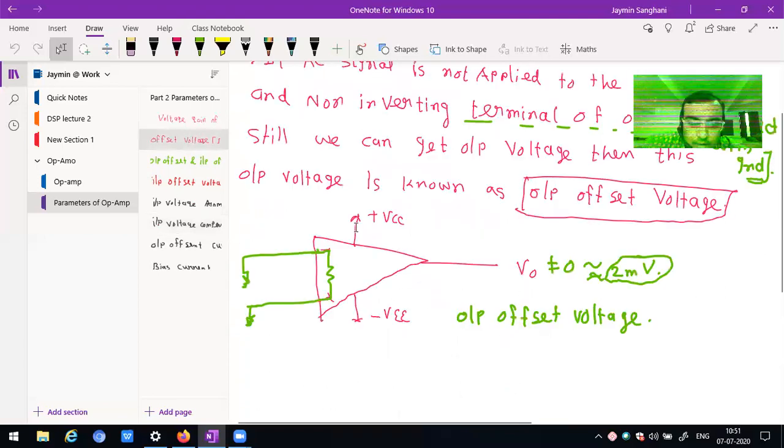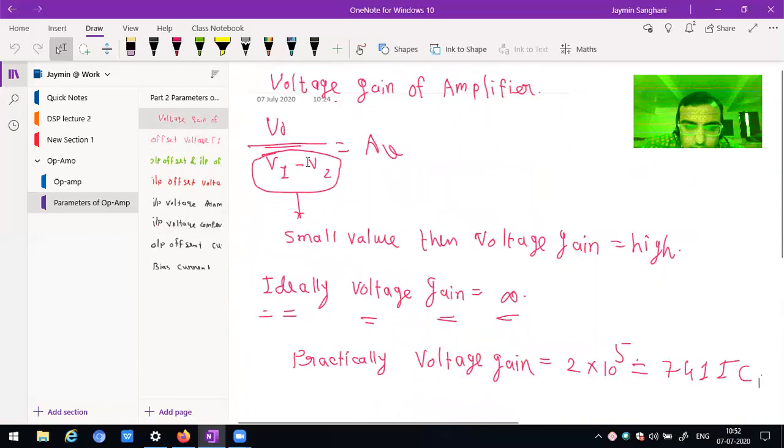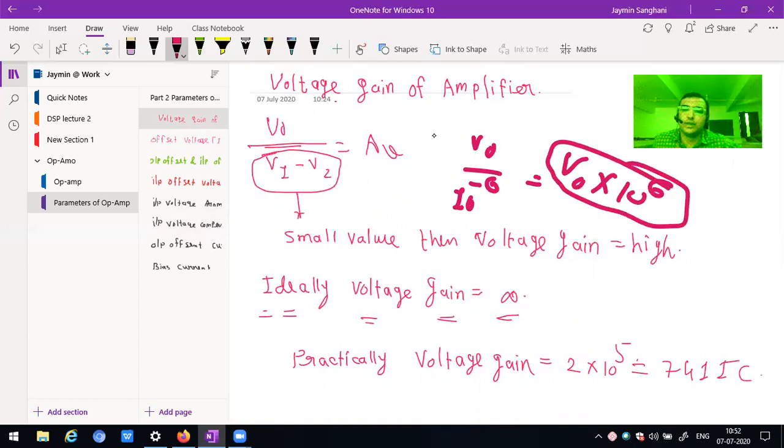I have written here V0 divided by 10 raised to minus 6, so we get V0 into 10 raised to plus 6. This is known as the voltage gain of the amplifier, which is always as large as possible.